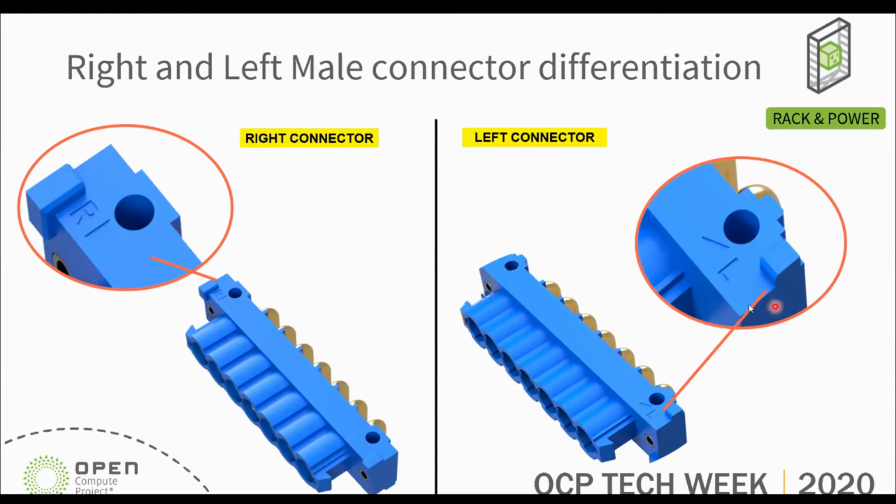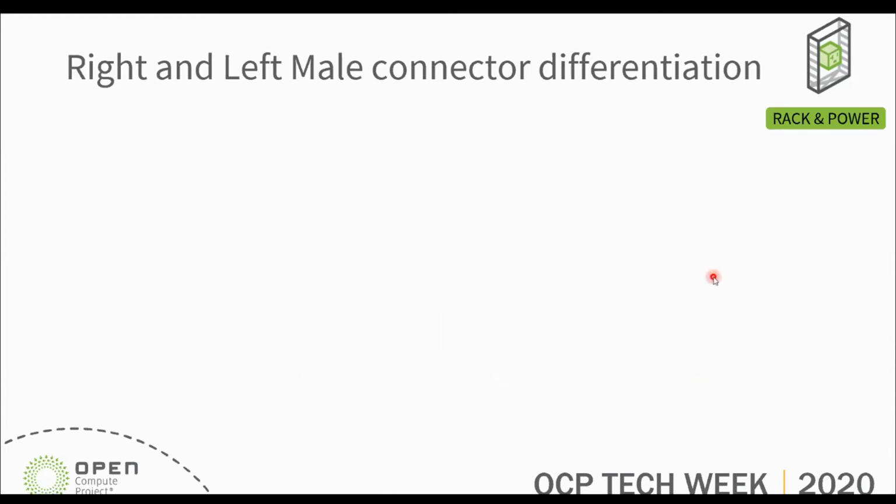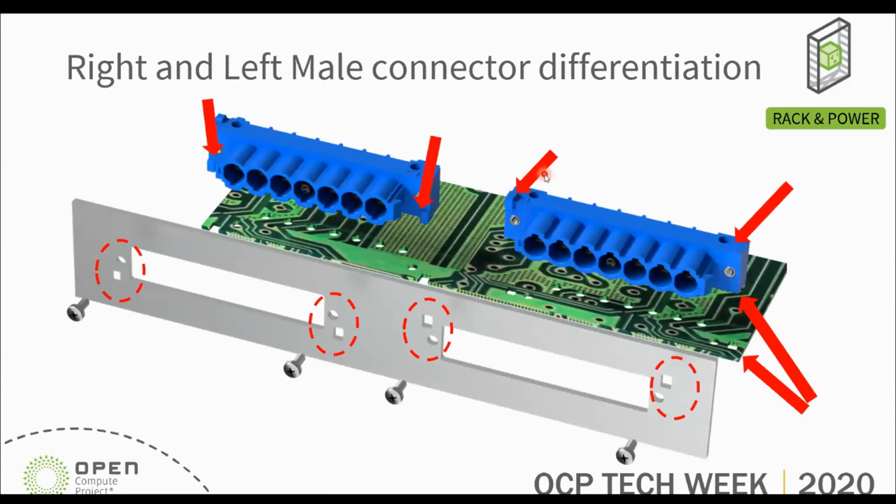So these two we added, and then what else we did is the polarization. This was another big change we improved from the previous prototype. We made this profile more visible and bigger so that the connector is installed properly onto the panel. So with this in the panel cutout, we added this feature for the polarization as well.